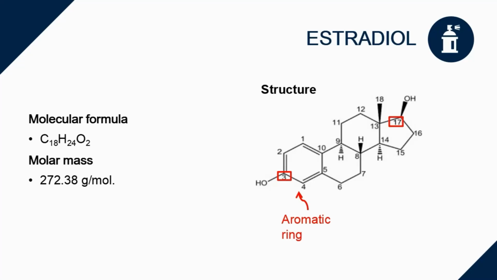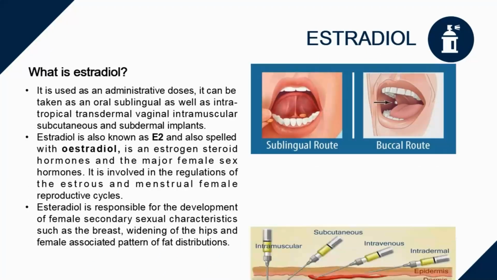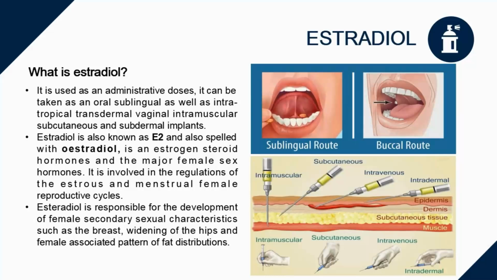The chemical formula of estradiol is C18H24O2, meaning it comprises 18 carbon atoms, 24 hydrogens, and 2 oxygen atoms. The molar mass of this molecule is 272.38 gram per mole, and this molecule can be used with various administrative dosages.